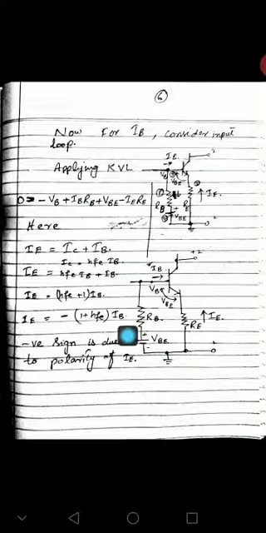We put a negative sign because IB and IE have opposite polarity as mentioned in the diagram. So IE is equal to negative of IB times (1 plus HFE).